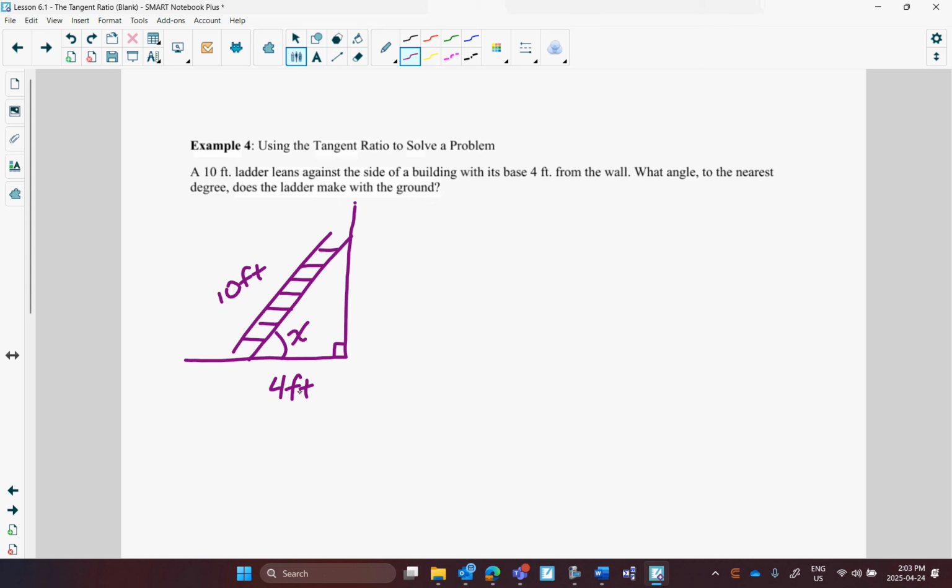Somebody want to give me the equation? You're almost there. Be confident. 4 divided by 10.